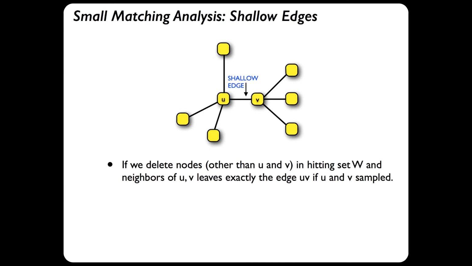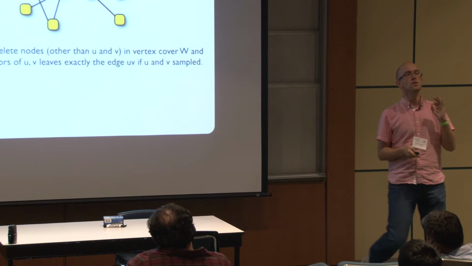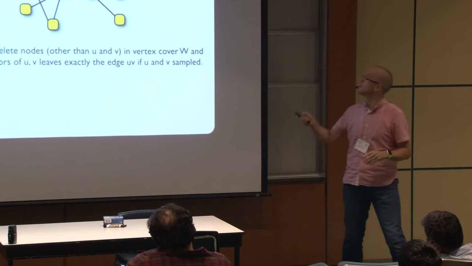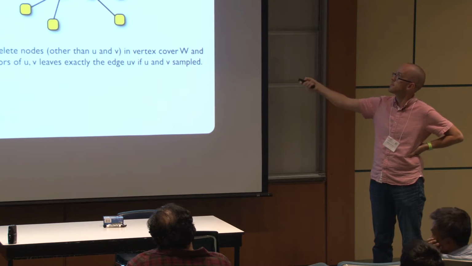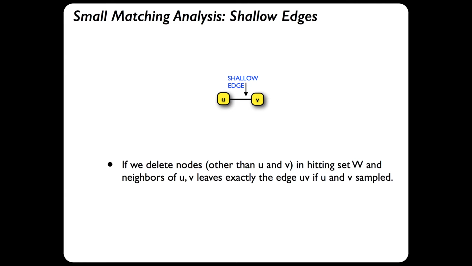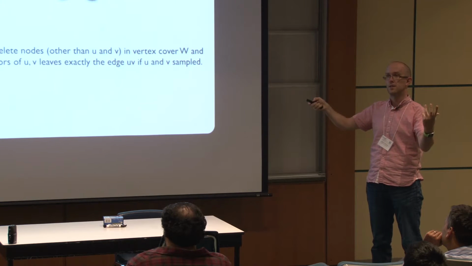If this is your original graph, and this is a shallow edge, if you delete all nodes in the vertex cover, except for maybe U and V, then all remaining edges are incident to U and V. And then if you delete all neighbors of U and V, apart from each other, then the only edge you're potentially left with in your induced subgraph is the edge between U and V. And if U and V are both sampled, this is the single edge remaining in your induced subgraph when you do the Snape sampling, so therefore it's one you're guaranteed to return.